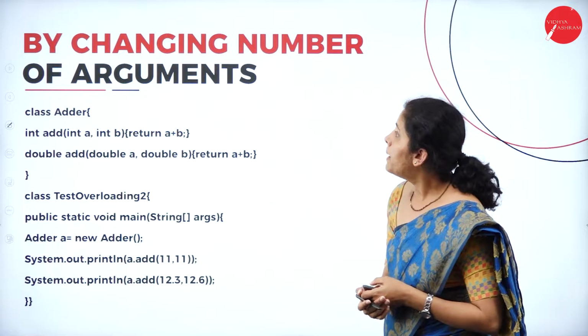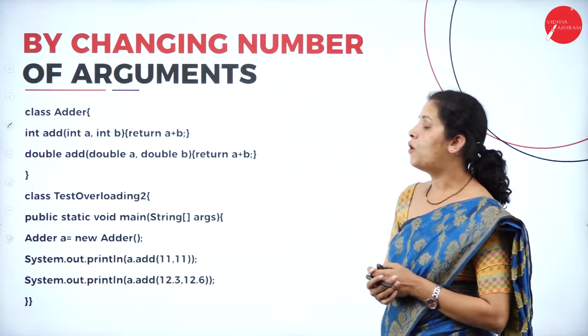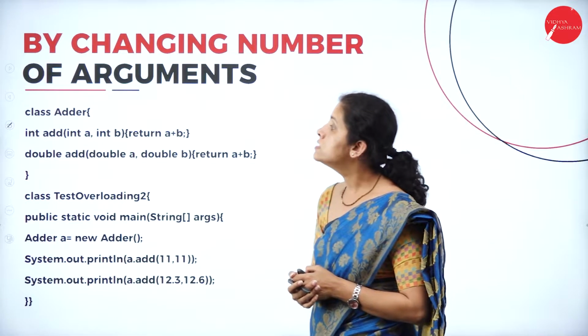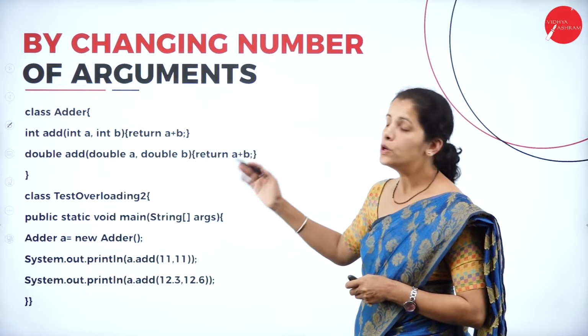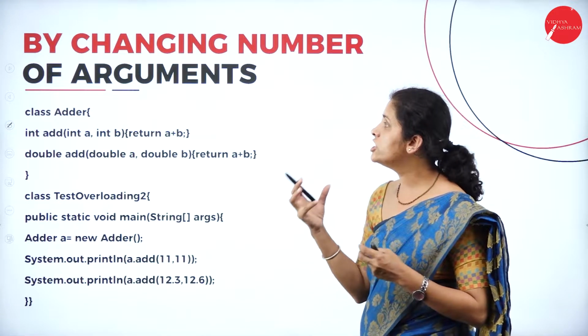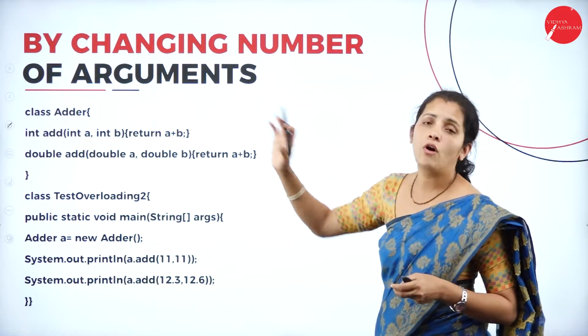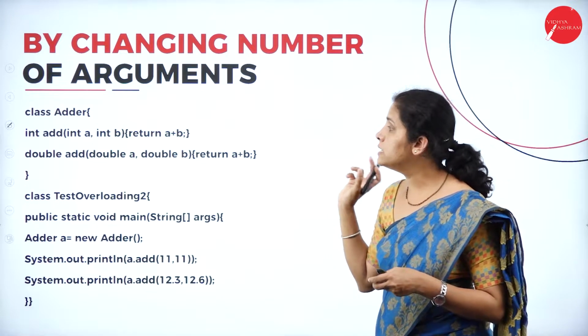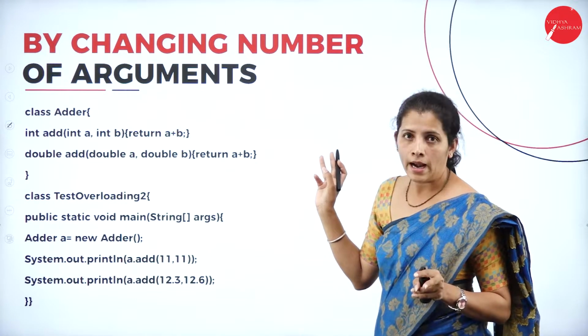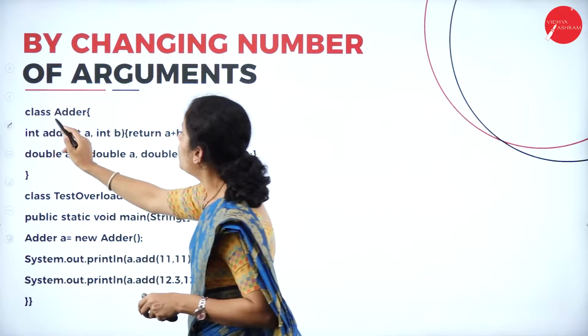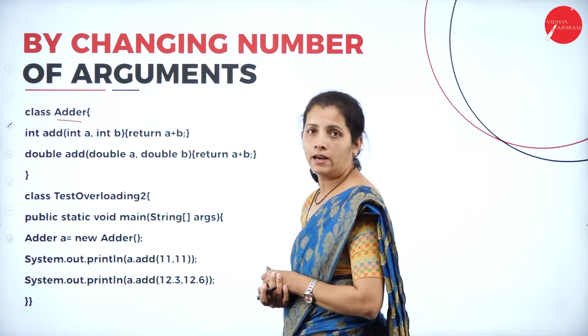Now, changing the number of arguments. This is the simple program used to illustrate changing the number of arguments. Here argument is nothing but parameters. So what is the function name? Add.